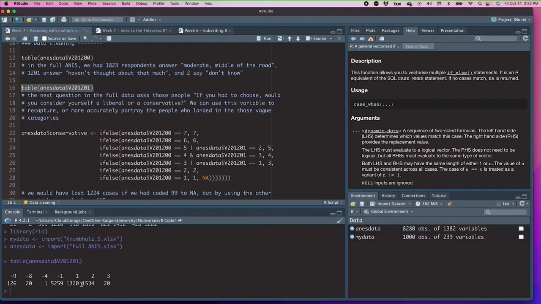And so they asked them, if they had to choose one, and 1,320 of them chose, I think this was the liberal response here, 1,534 chose conservative, and only 20 held fast and said neither.